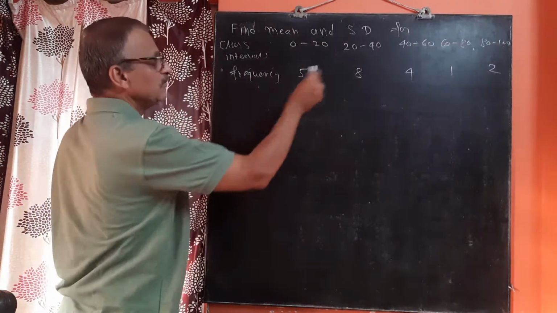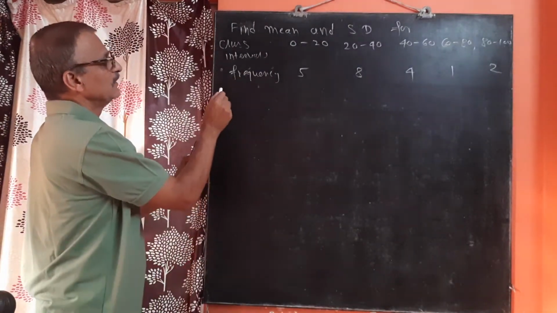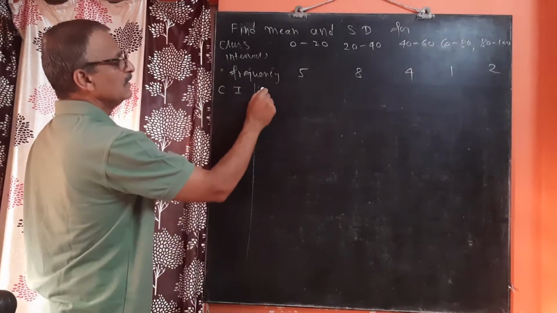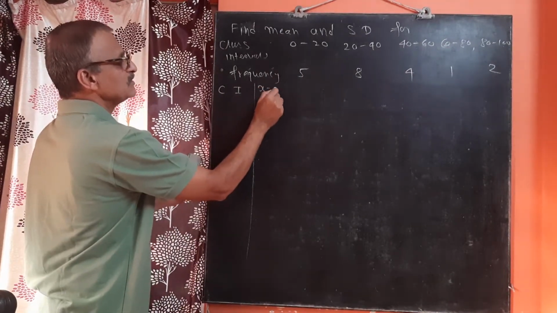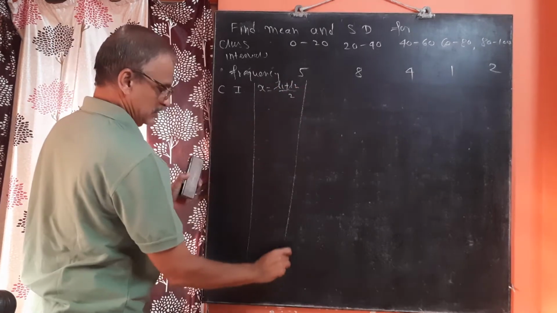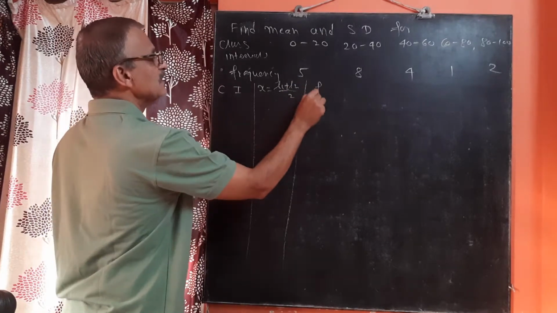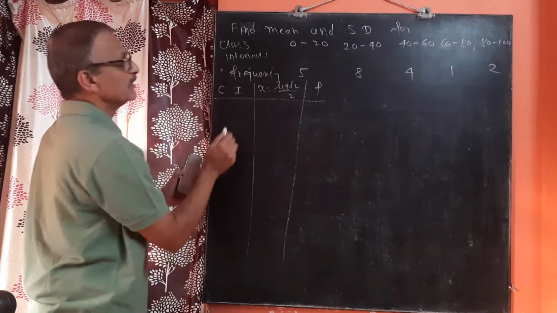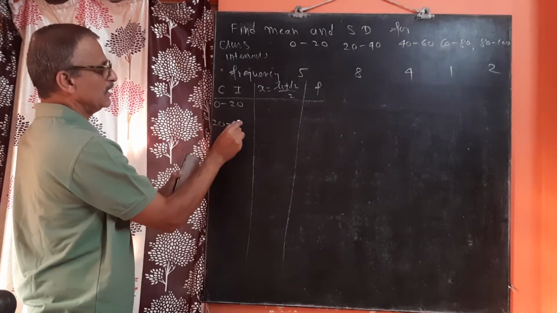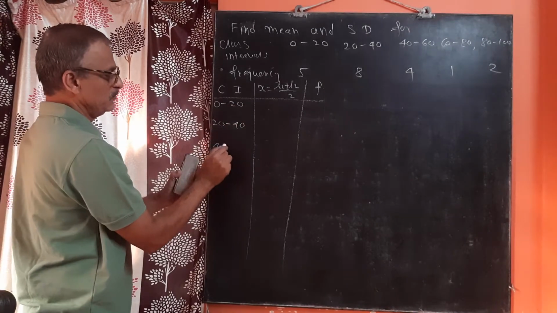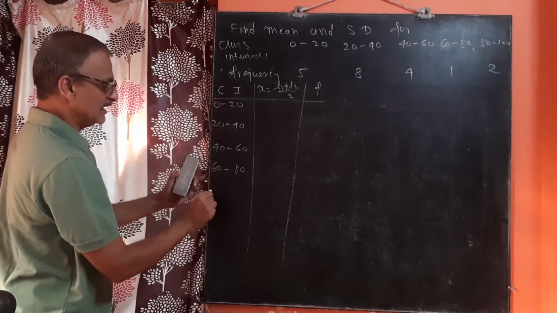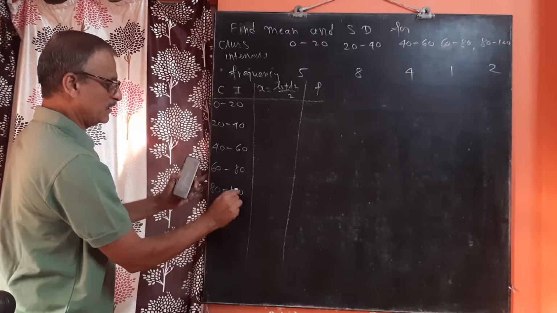So first we have to prepare the table. Here it comes the class intervals. Then the value of x is equal to L1 plus L2 divided by 2. Then the frequency, that is f. So let us write the class interval 0 to 20, 20 to 40, 40 to 60, then comes 60 to 80, and the last one is 80 to 100.